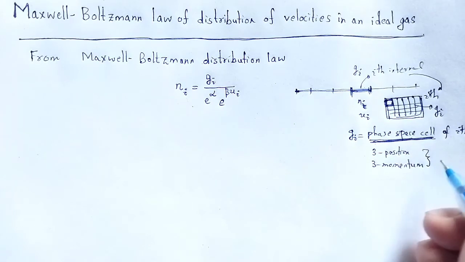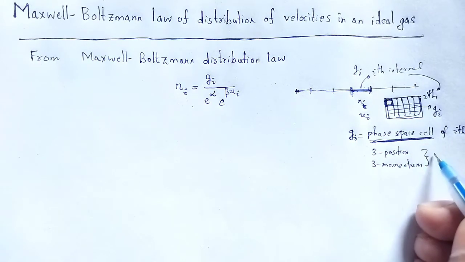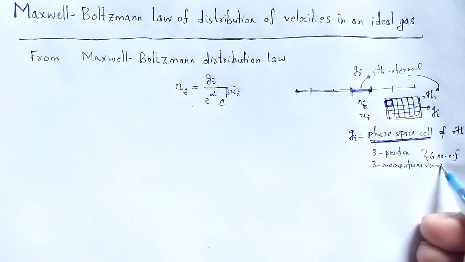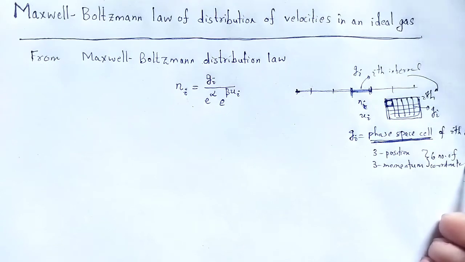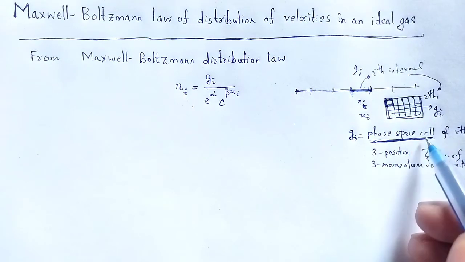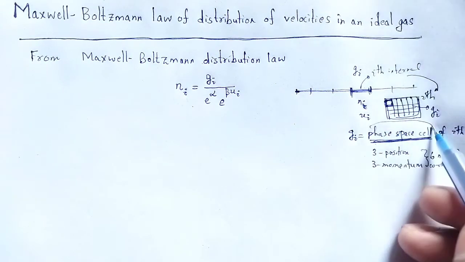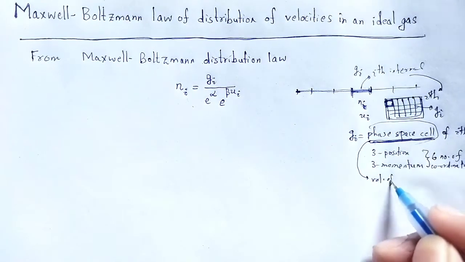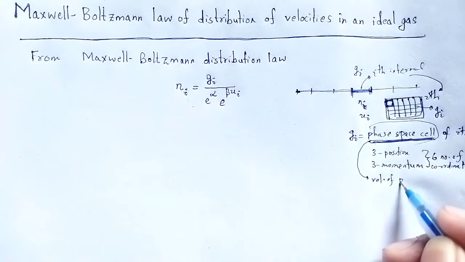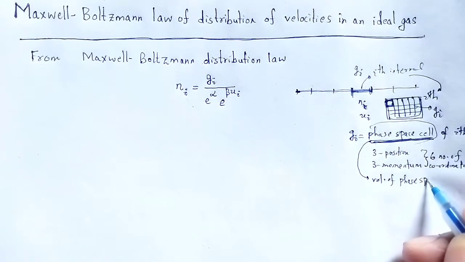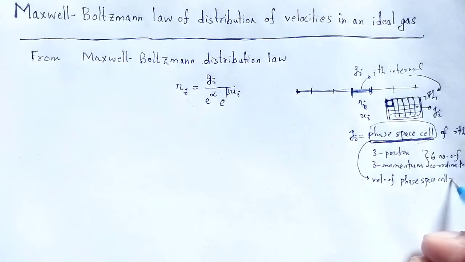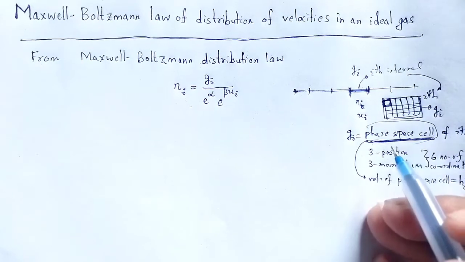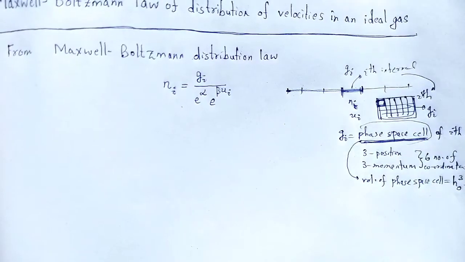Combining these two, six coordinates are required to describe the phase space cell, and the volume of the phase space cell is written as h naught cubed. This is all about phase space cell.